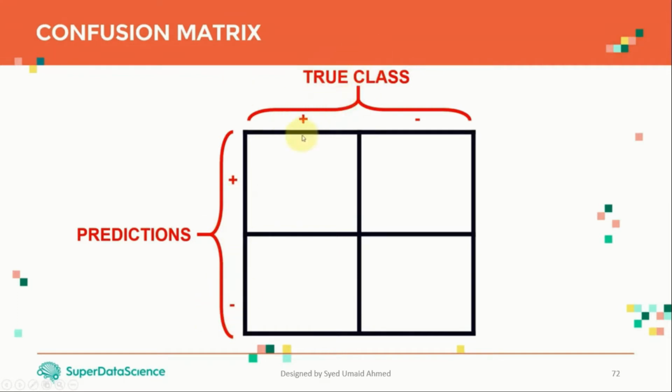The true class is either positive or negative. Simply put, that's what the model is predicting. That's what the model is telling me. For example, a patient has cancer or not. If the patient has cancer, it's positive. If the patient does not have cancer, it's negative. And here we're going to put the true class, which is either positive or negative as well.